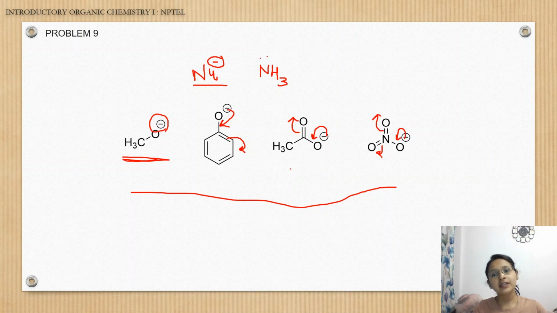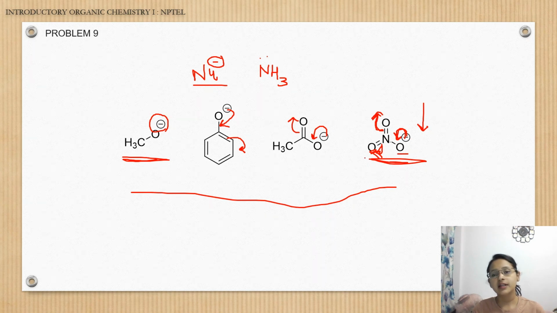That is why you can say the nitro has the least electron density, because the oxygen anion is getting delocalized onto both oxygen atoms. There is delocalization over the N-O bonds, so the oxygen negative charge is not confined at one place.